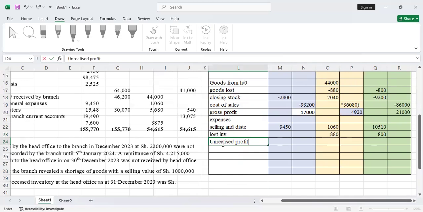Unrealized profit on branch stock. You should not have forgotten the 640, and you should not have forgotten goods in transit.